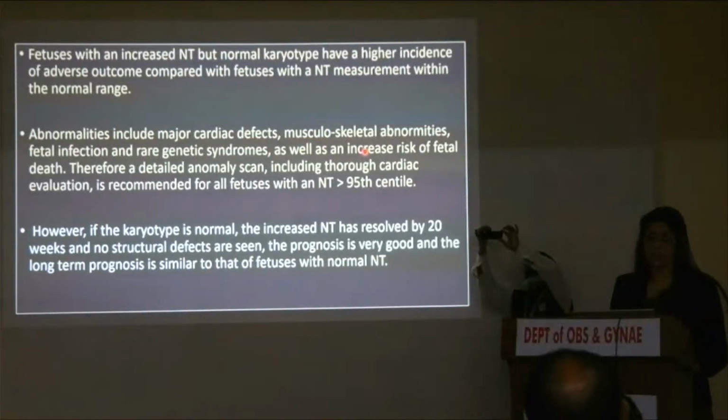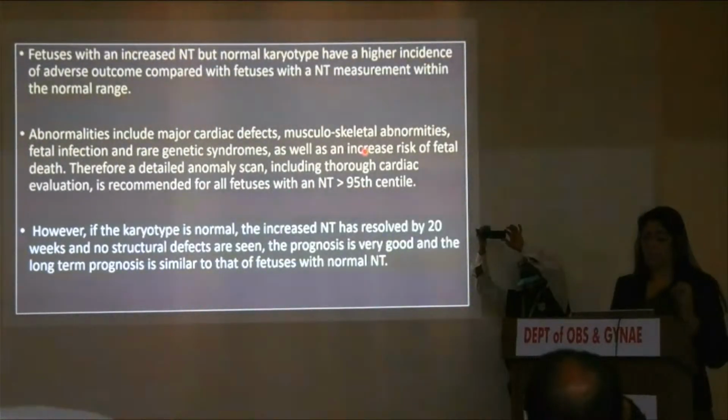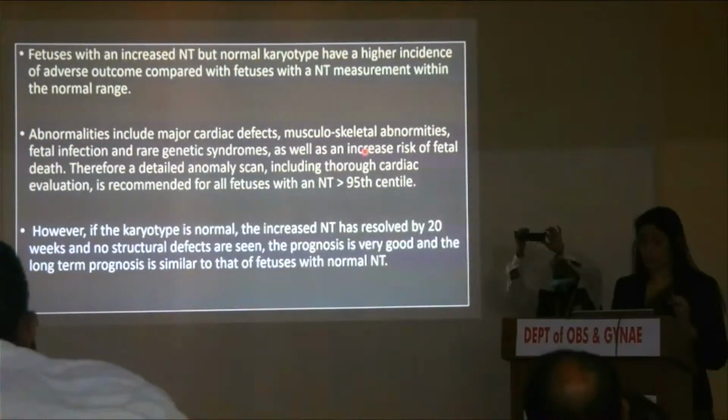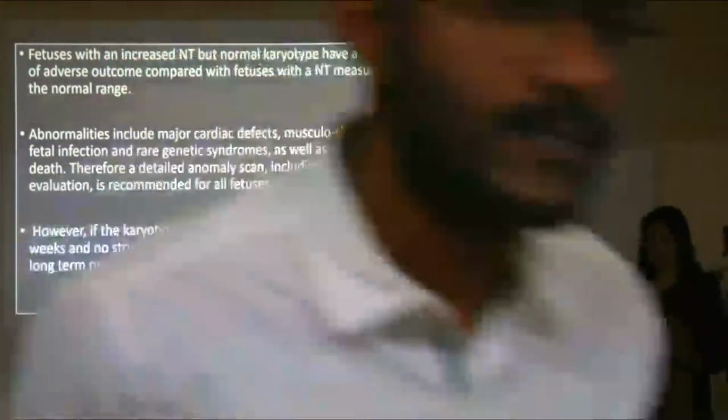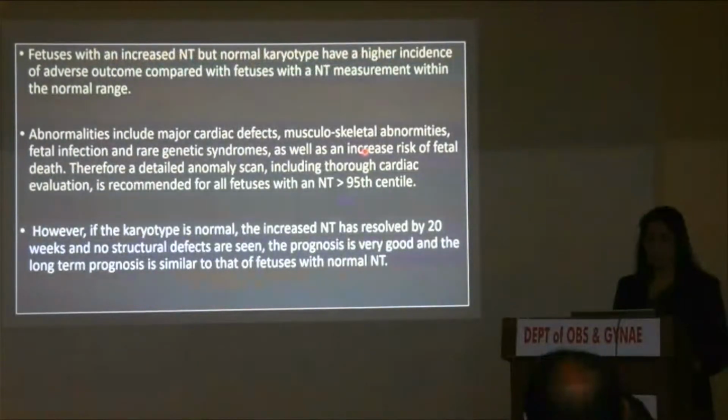So just a bit of theory: fetuses with an increased NT but normal karyotype will have a higher incidence of adverse outcome, and an increased NT with a normal karyotype can be seen in major cardiac defects, musculoskeletal abnormalities, fetal infection, and other rare genetic syndromes other than the aneuploidies.